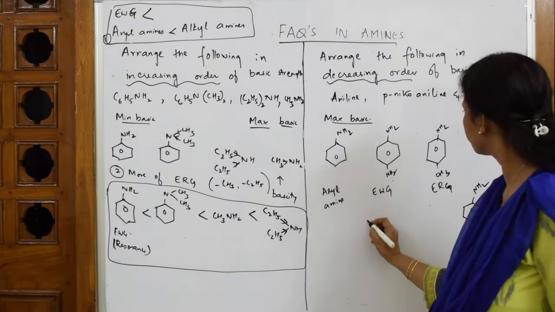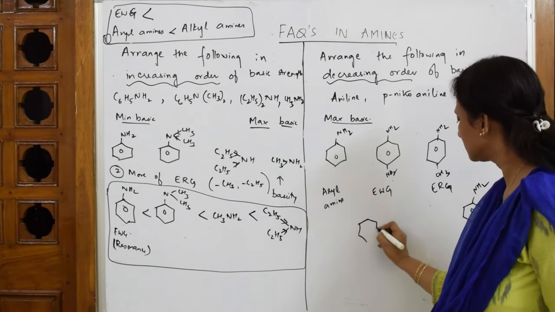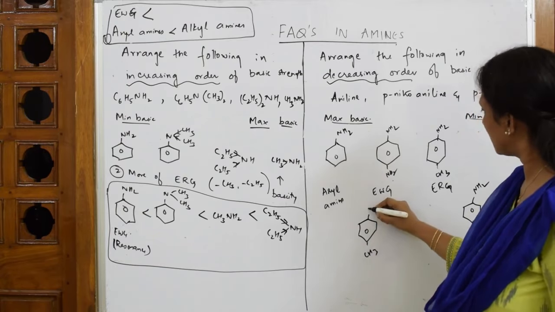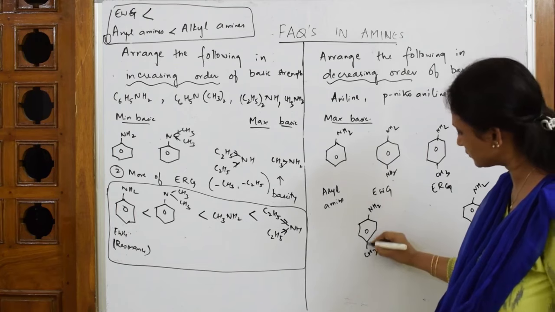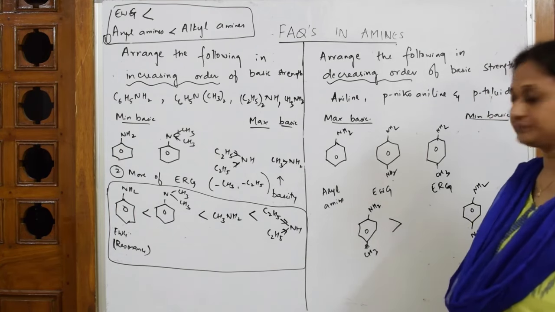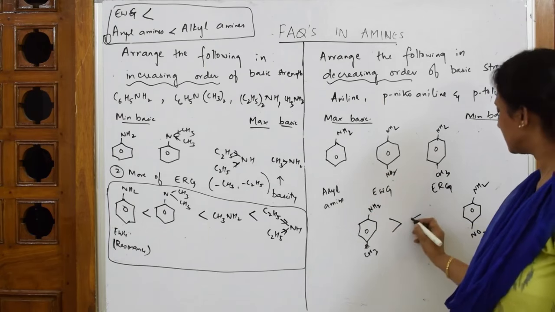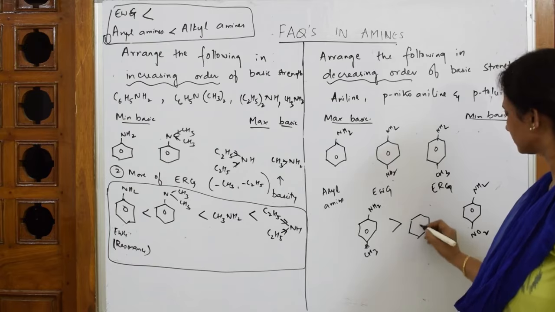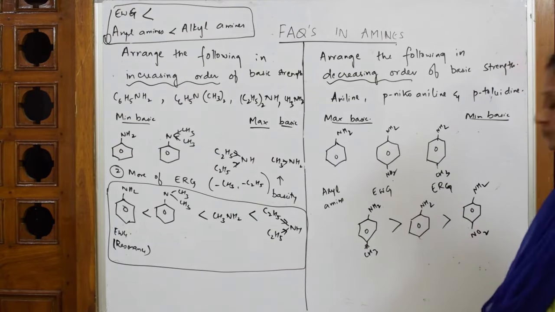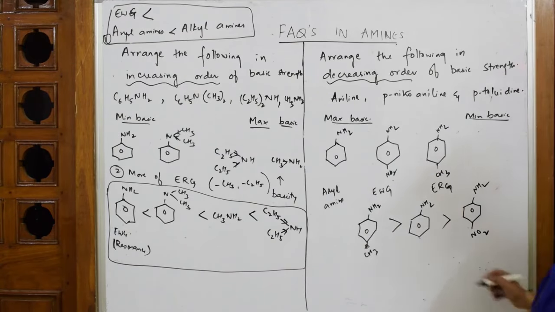This one, isn't it? Toluidine, because of the ERG group, it's donating electrons. So I should write it with the greater than symbol. The leftover is aniline. This is greater.